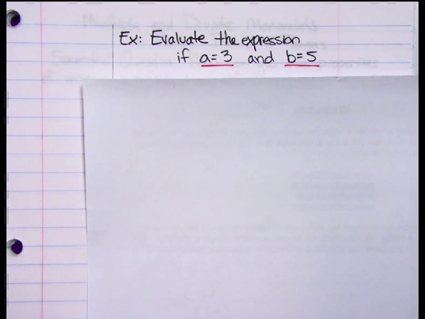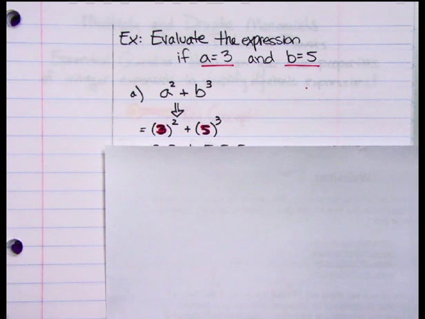Okay, so we're going to try one more type of problem that you might see. It says to evaluate the expression if A is 3 and B is 5. So we're going to replace the A's with 3's and the B's with 5's. It's called substitution when you replace a letter with a number. So if A is equal to 3, A squared now turns into 3 squared.